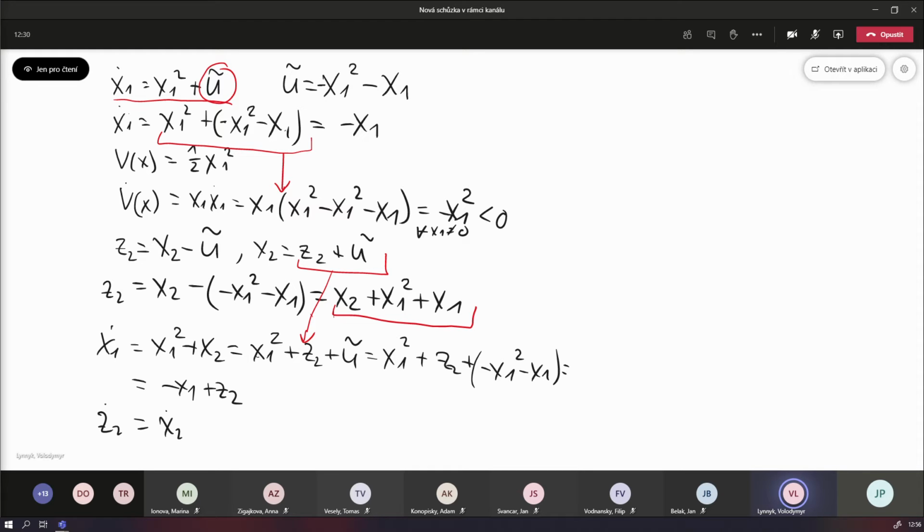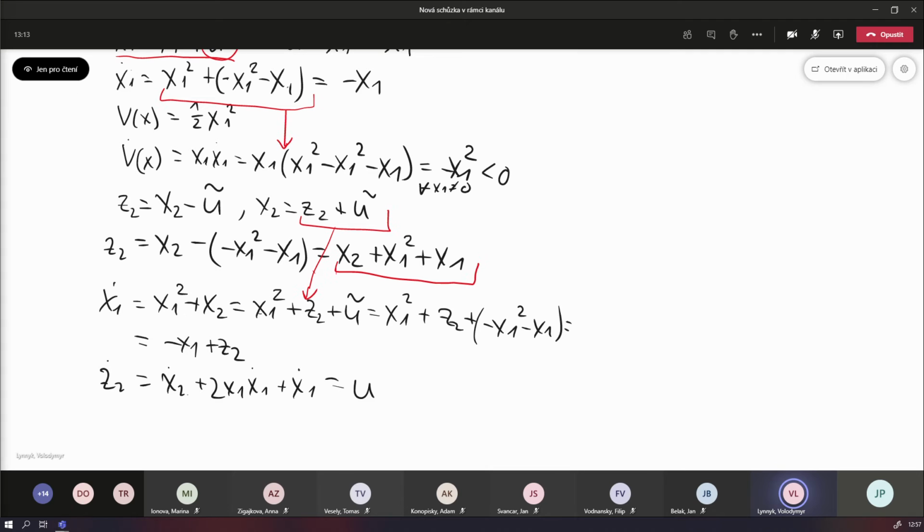We differentiate x2 plus x1 squared plus x1, and the derivative is x2 dot plus 2x1 x1 dot plus x1 dot. And x2 dot is equal to u, because we know that x2 dot equals u in our original equation.